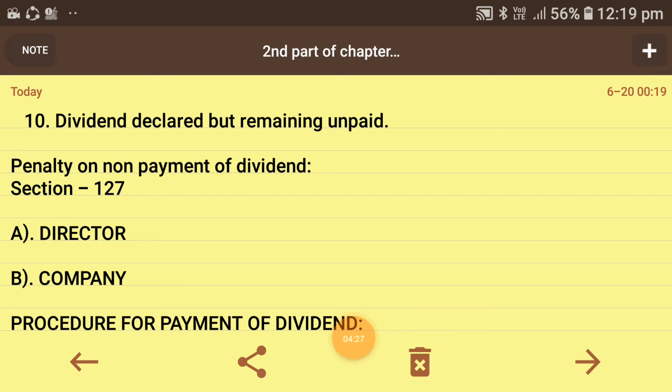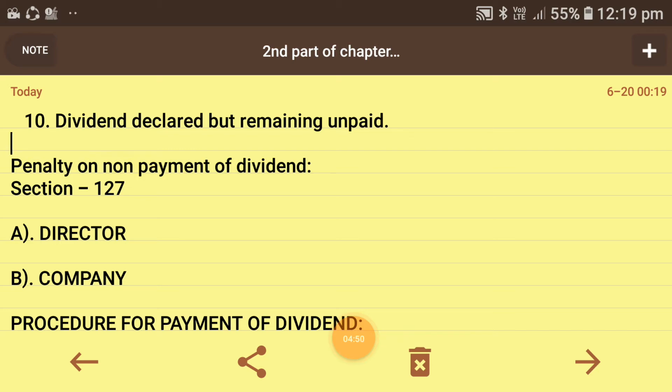And second is company. The company will also face some penalty, which says if the company is found the culprit by an auditor, then it needs to pay the required amount with 18% interest during the period for which the default continues. This is the penalty defined under section 127 for director and company as far as the non-payment of dividend is concerned.